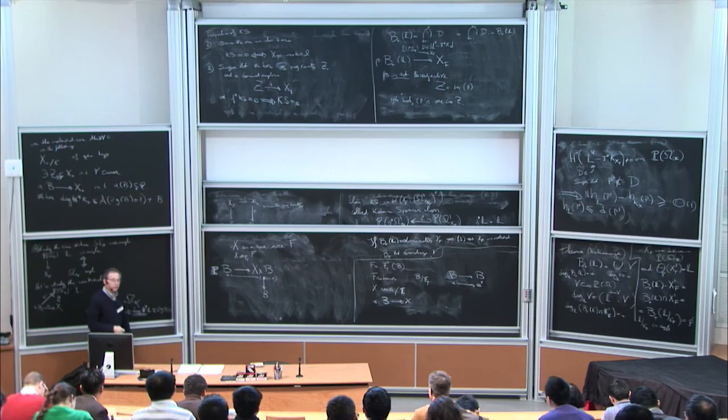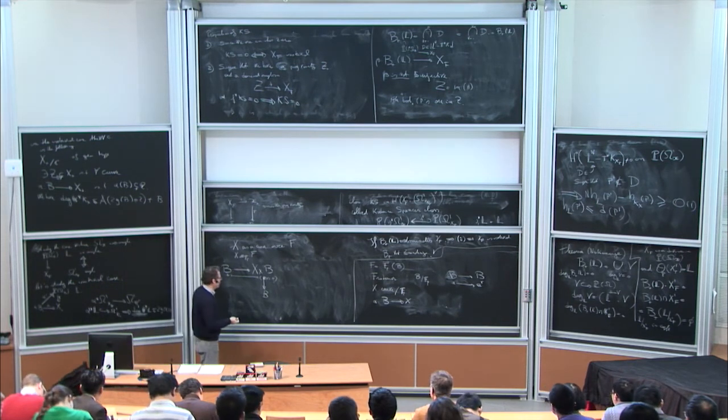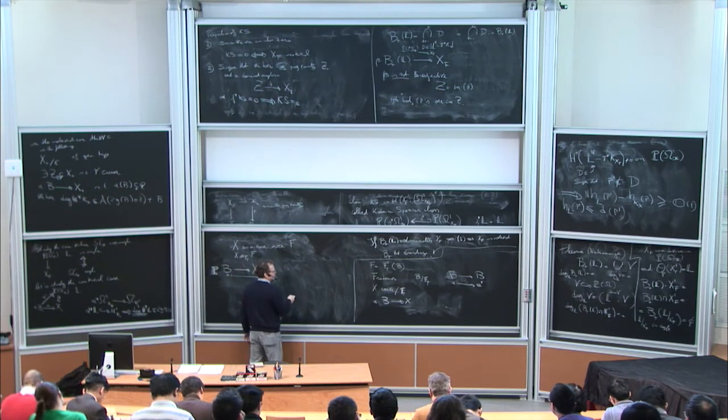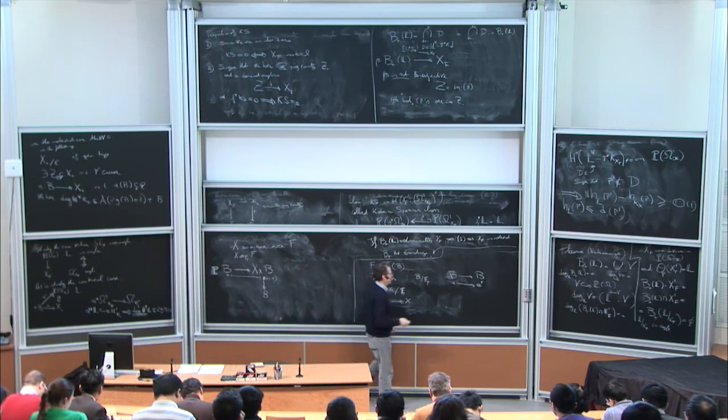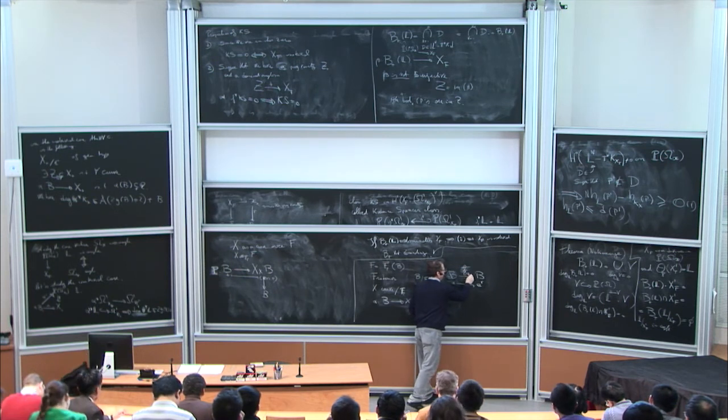But now we can also construct other points. We call the Frobenius F_B.